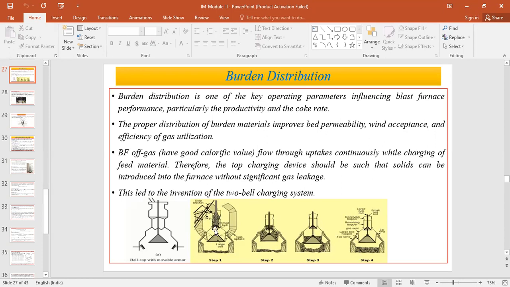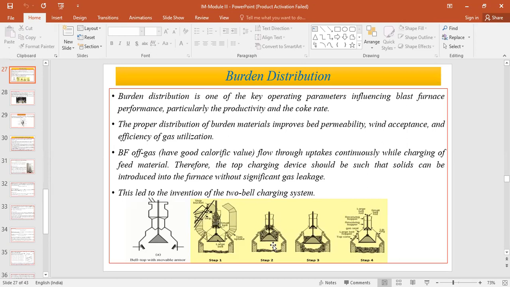You can close and open these bells by just lowering down and raising up. There is a rod system here, where you can lower it so that the bell will be in the open condition, and if you raise it up, the bell will be in the closed condition.